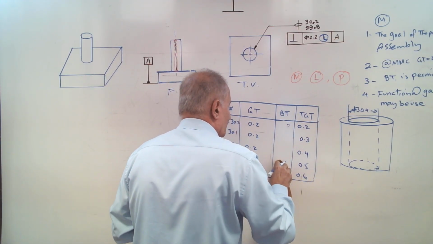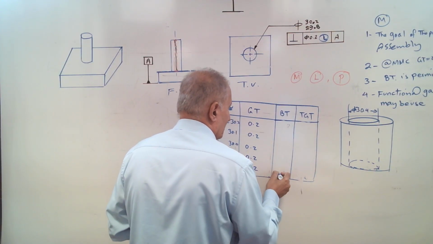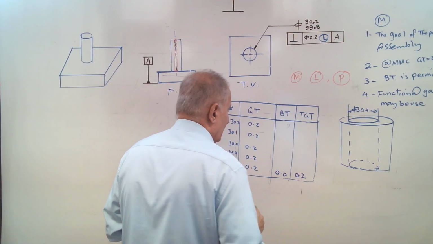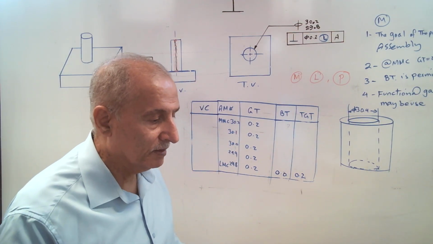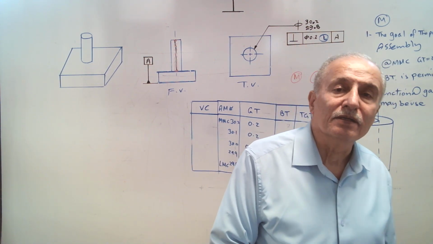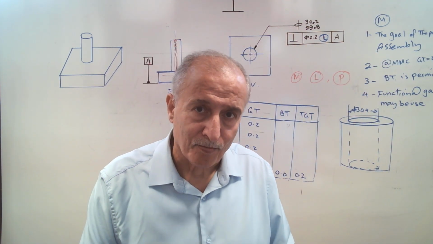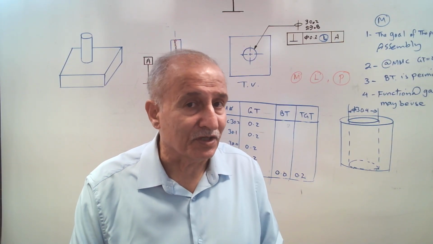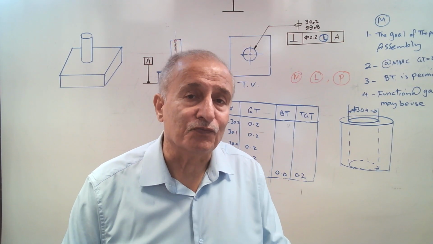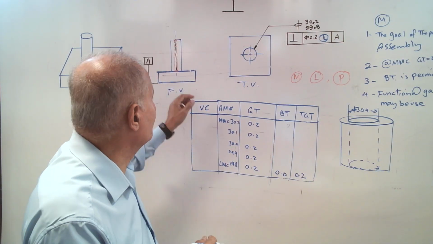And this will be changed. 0 bonus, 0.2 total. And why, in this case, is the goal of the design not assembly? Designer is worried about the strength of the pin or the shaft.